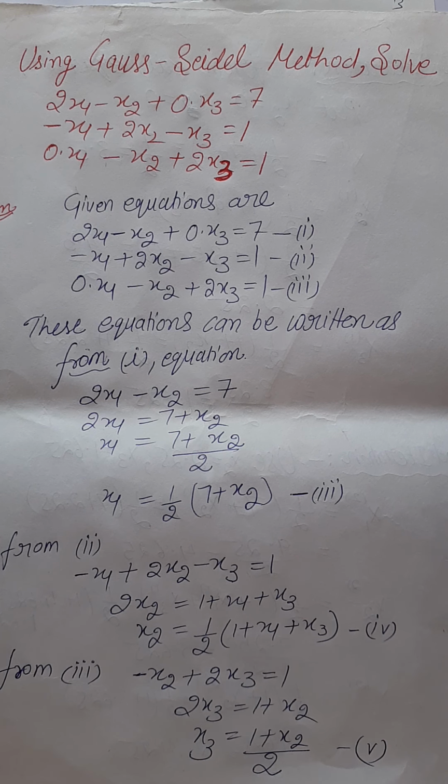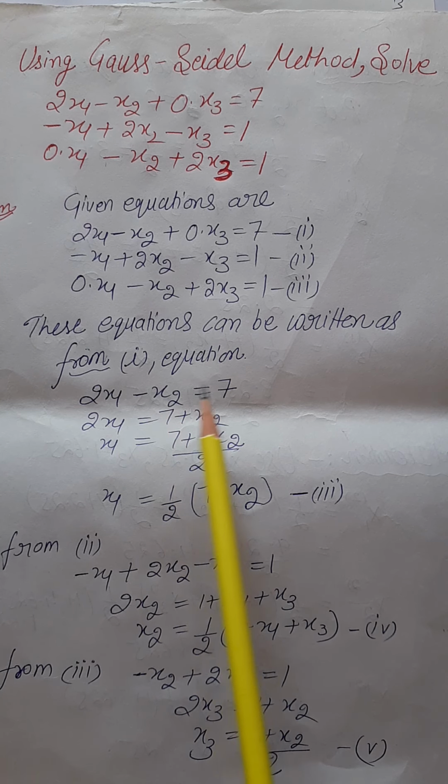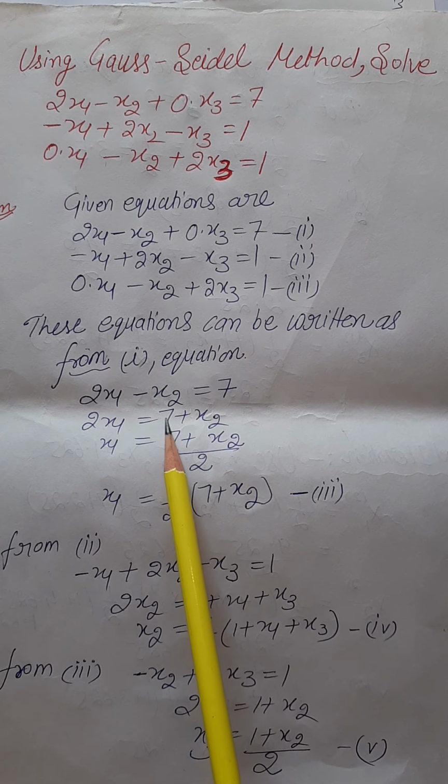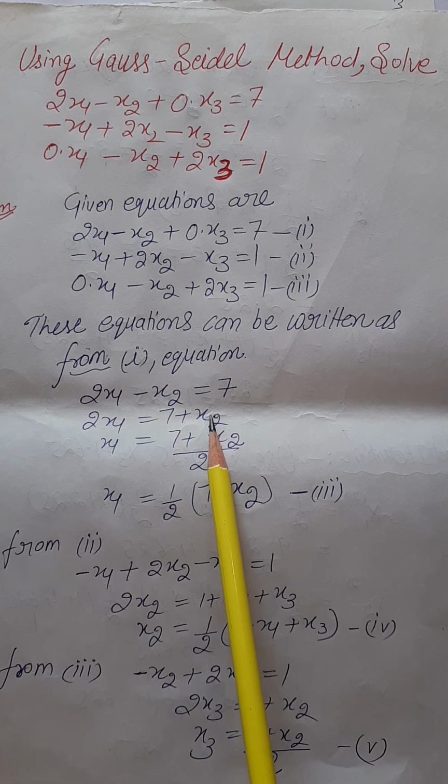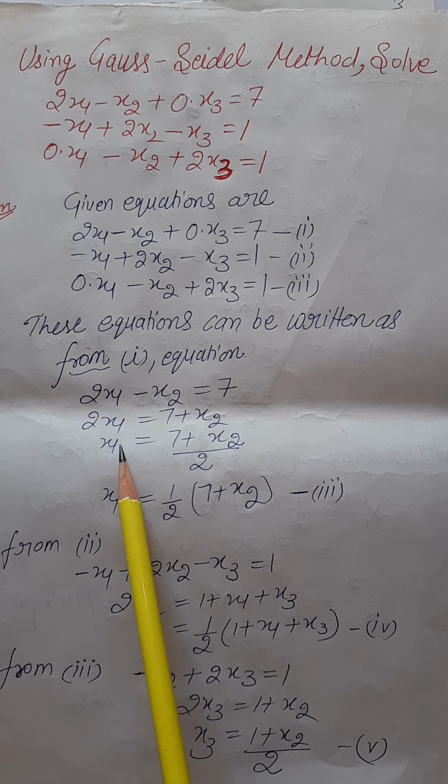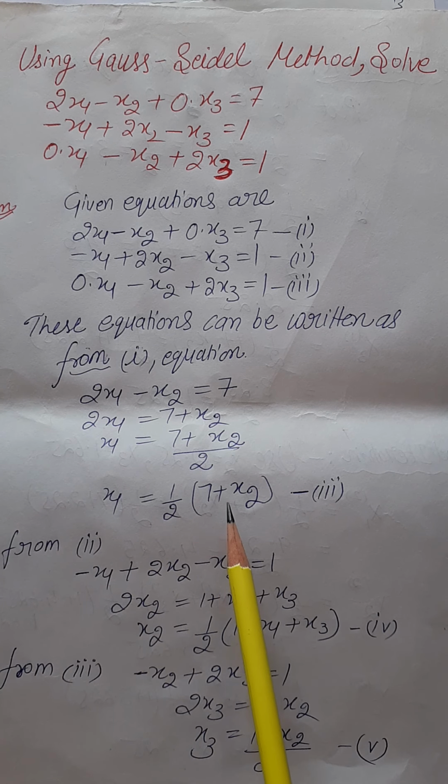So students, we can find the value of x1 from our first linear equation. Take x2 on the right side, you get 2x1 equals 7 plus x2, and in this way we get the value of x1.